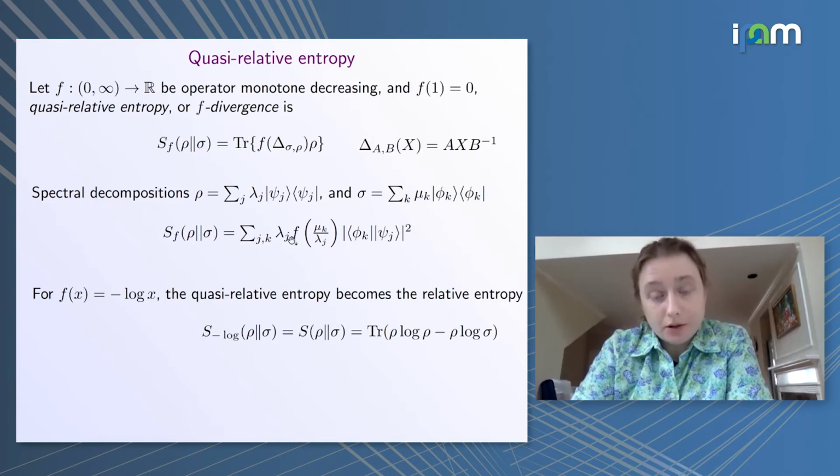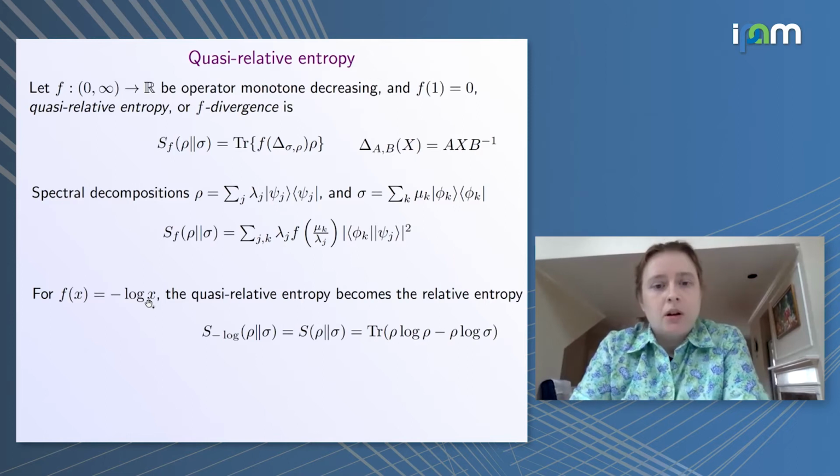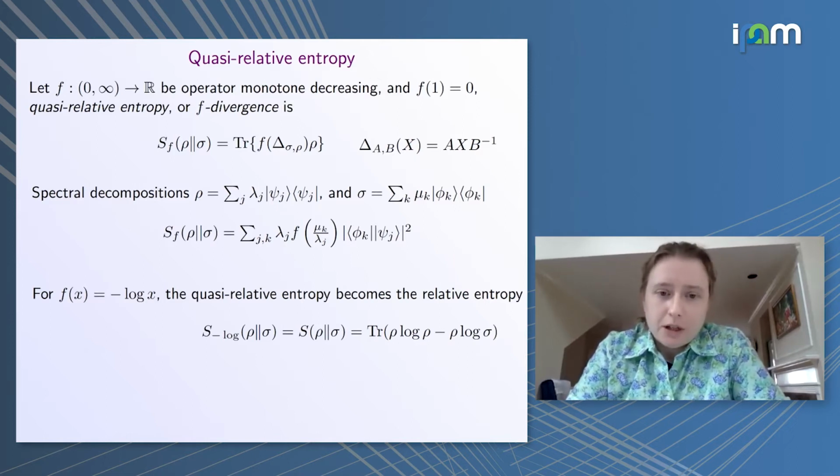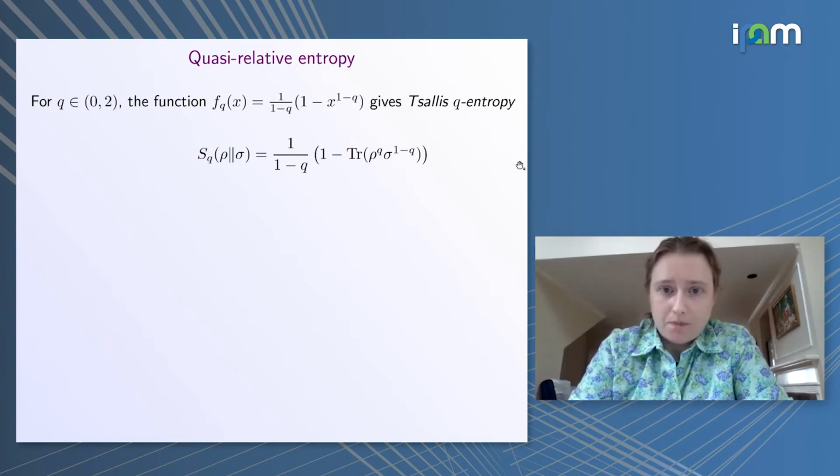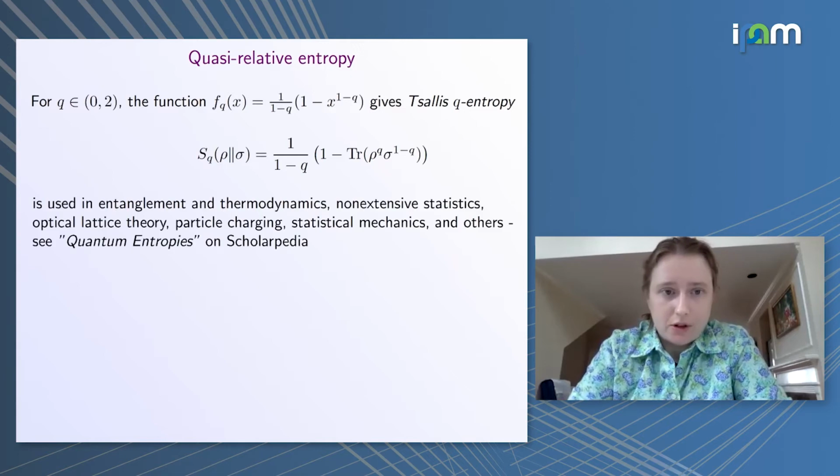If you plug in here the negative log function, that's an operator monotone decreasing function, the quasi-relative entropy becomes just the relative entropy. And if you take a power function, which is an operator convex function on (0, 2), that gives you the Tsallis q entropy. The Tsallis q entropy is defined as trace of rho to the power q, sigma to the power 1 minus q, with the normalization there.